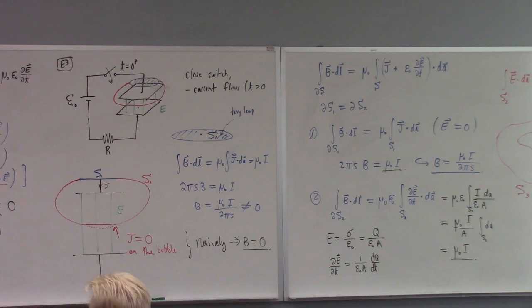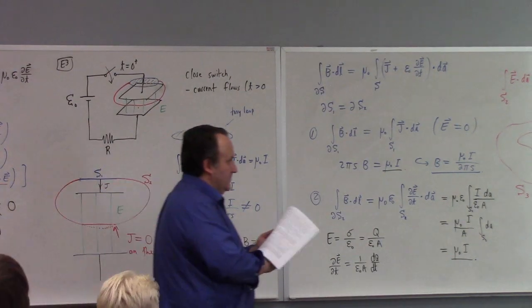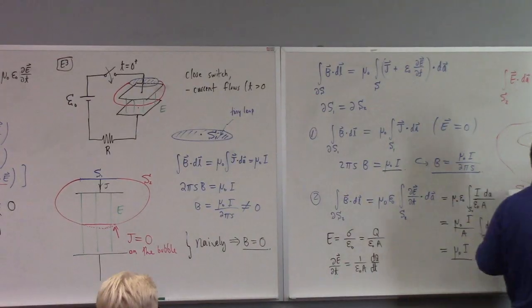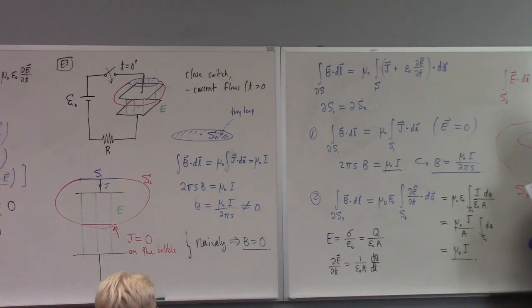So in view of all this, definition: J sub D is equal to epsilon naught, excuse me, partial E, partial t. This is the displacement current, as it's called.